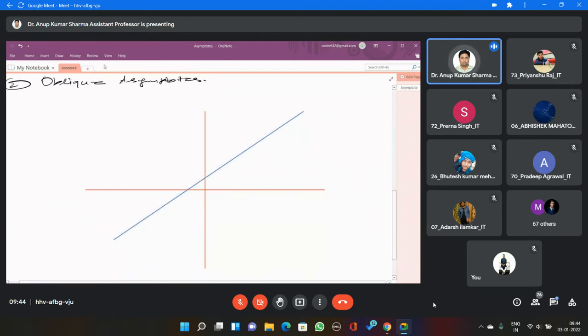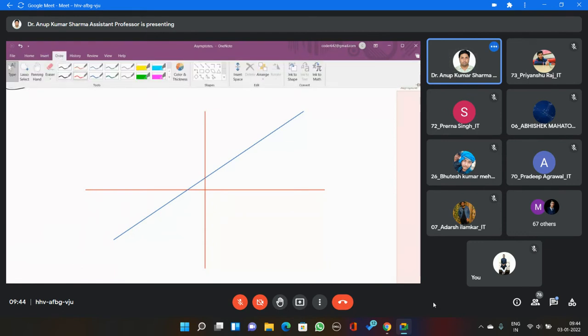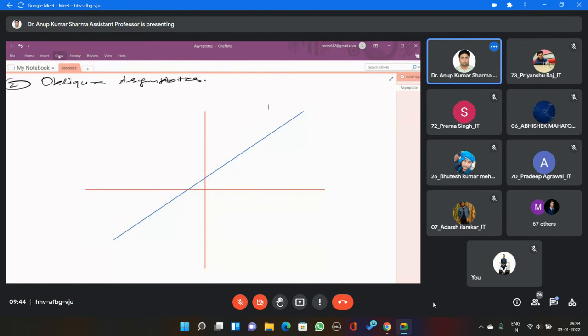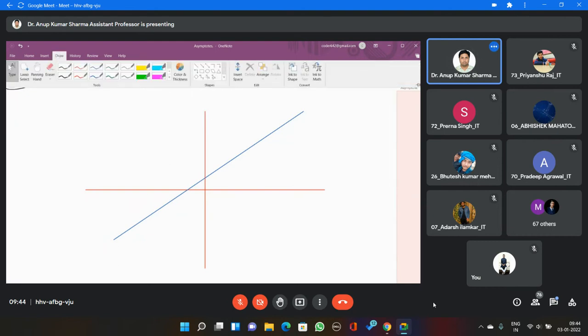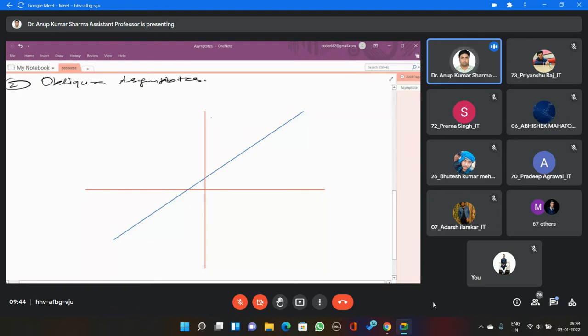The curve is not going smooth since I'm drawing by hand.